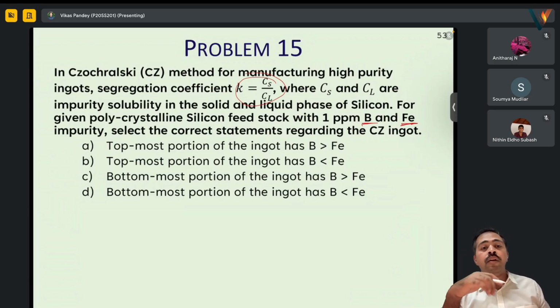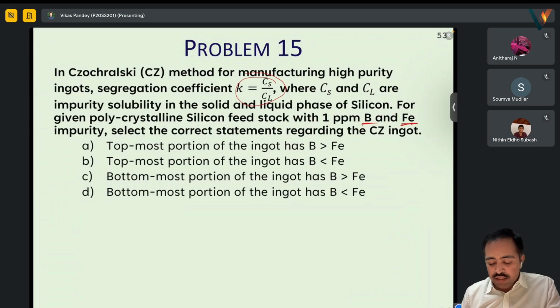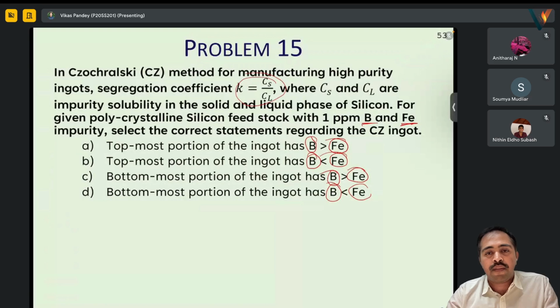The topmost portion of the ingot has boron more than iron, or the topmost portion has boron less than iron, or the bottommost portion has boron more than iron, or the bottommost portion has boron less than iron. Which one is correct? There can be more than one answer.